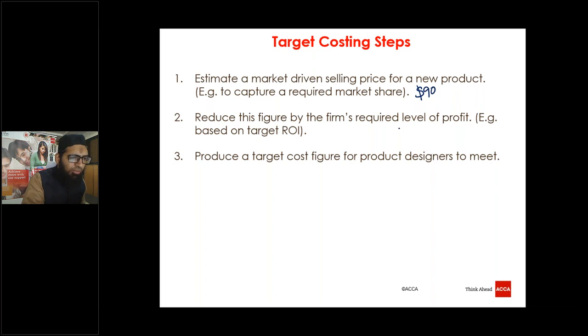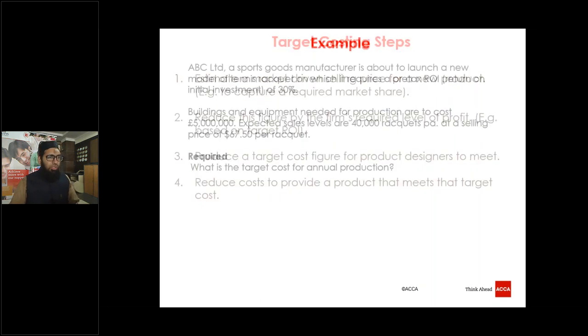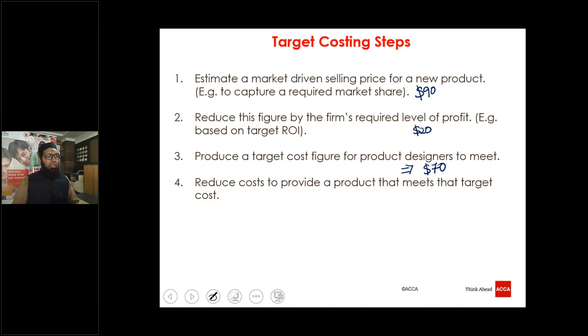The required level of profit is suppose $20. So the target cost will be $70. Now, I will try to reduce the cost to provide a product that meets the target cost. So this is how I perform the target cost.